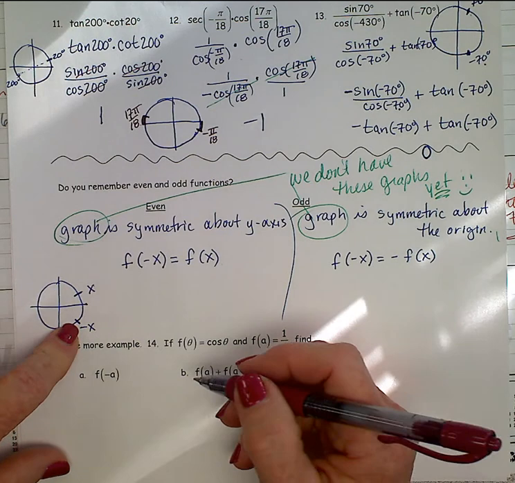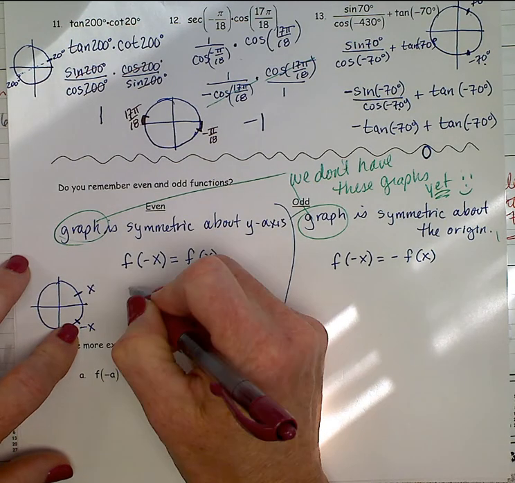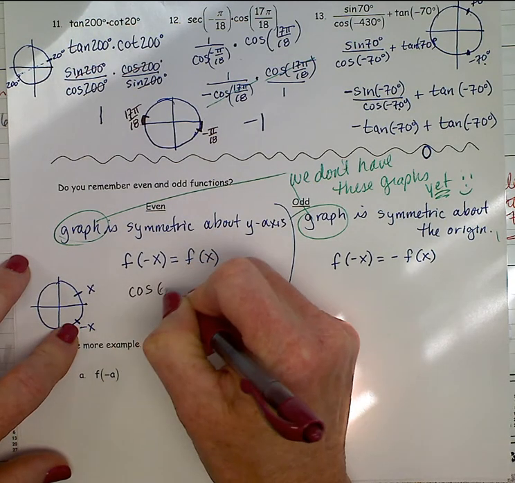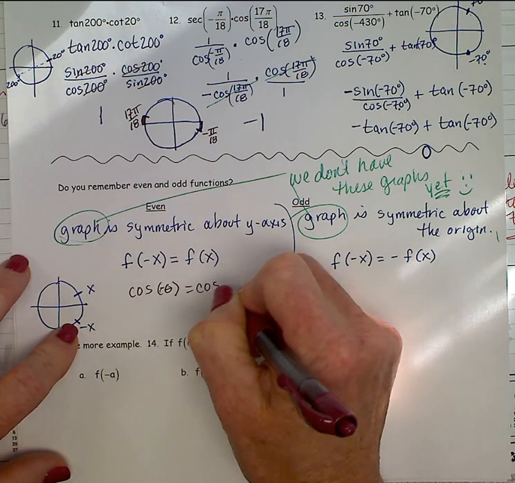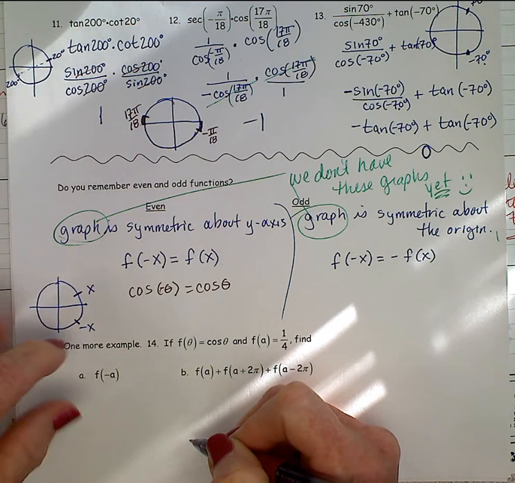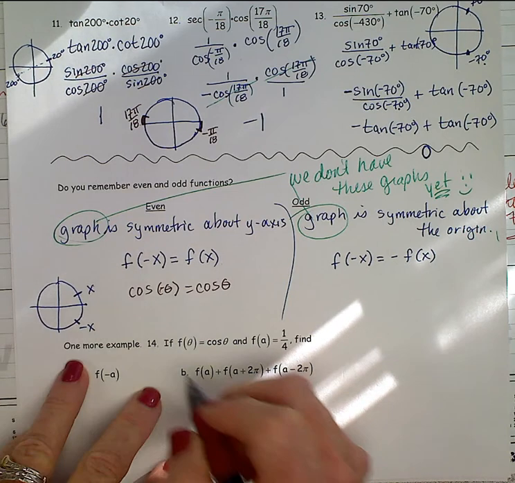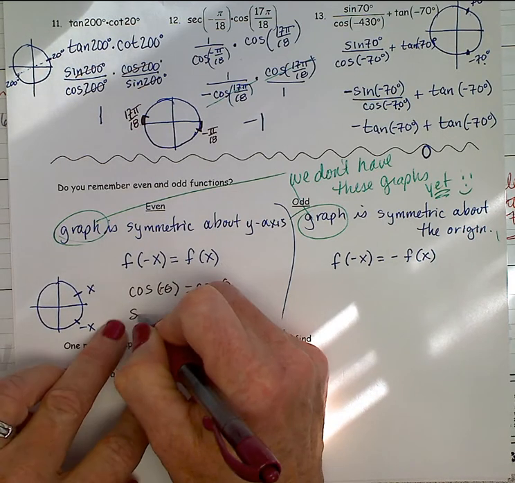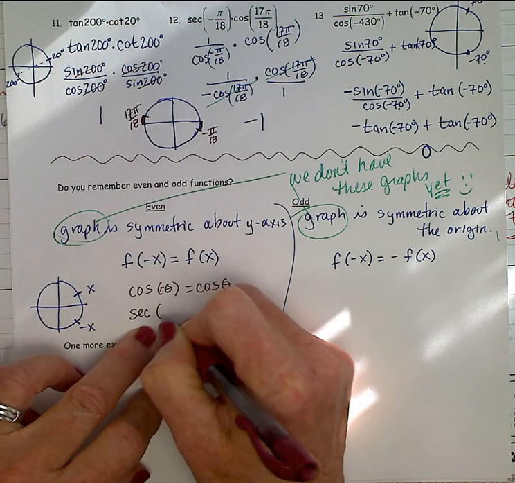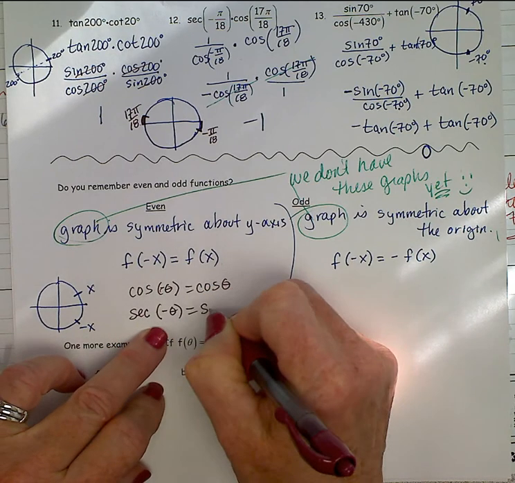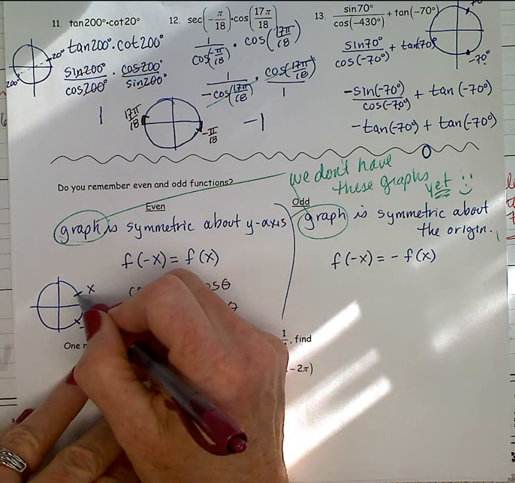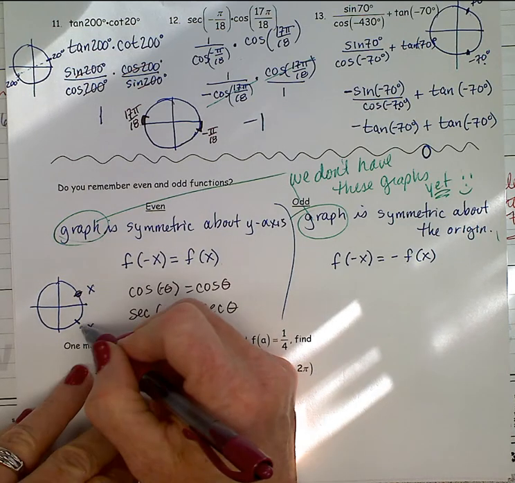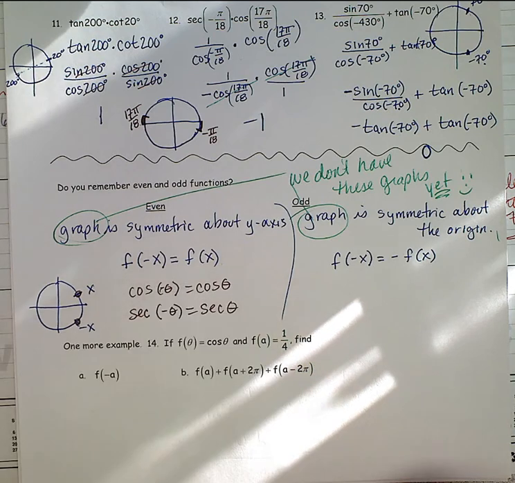It's cosine, because the cosine of opposite theta is the same thing as cosine theta. So cosine is an even function, as is secant. The secant of opposite theta is the same thing as secant theta, because the x-coordinate at this point is exactly the same thing as the x-coordinate at that point.